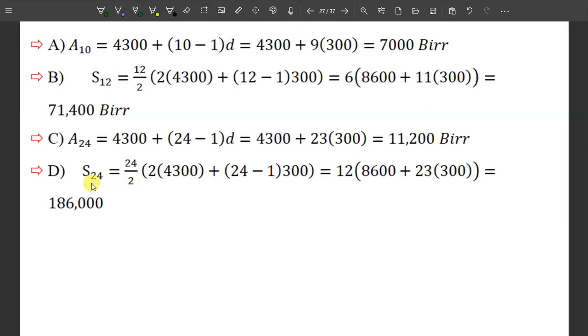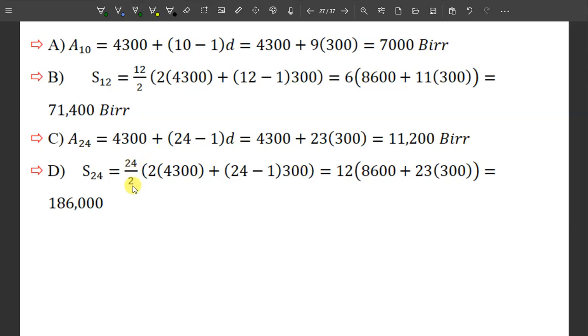S24, we have to sum up the amount she received each month. Our n is 24, since we say 2 years. S24 is equal to 24 over 2 times 2 times A1, our A1 is 4,300, added with 24 minus 1, n minus 1, times 300, which is the common difference.